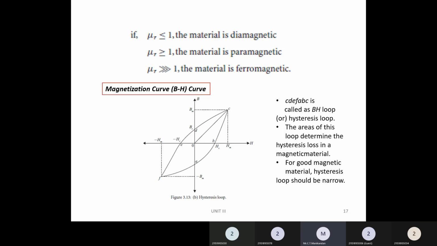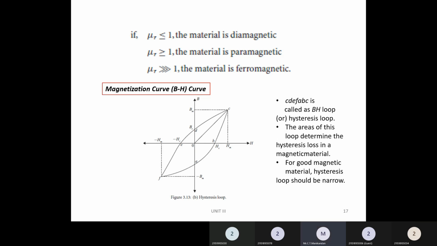A good magnetic material should have a narrow hysteresis loop. In that closed loop C, D, E, F, A, B, C, the area of the loop is narrow. It corresponds to a good magnetic material, that is, the ferromagnetic material.